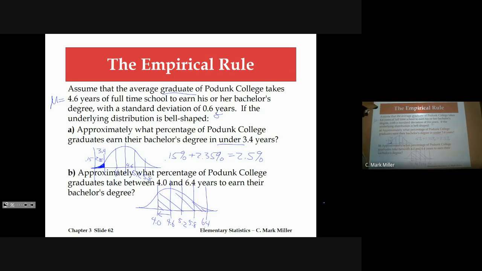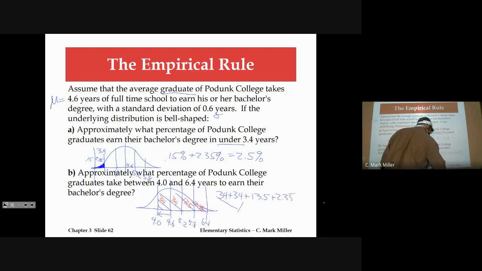Well, I can add things up. There's 34 here, right? 34 here. There's 13.5 here. And there's 2.35 here. So I add up 34 plus 34 plus 13.5 plus 2.35.